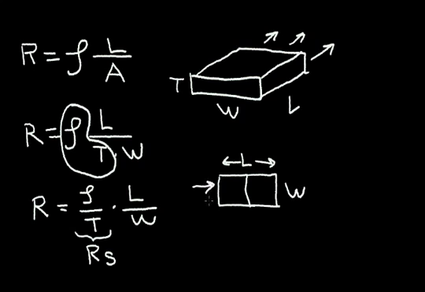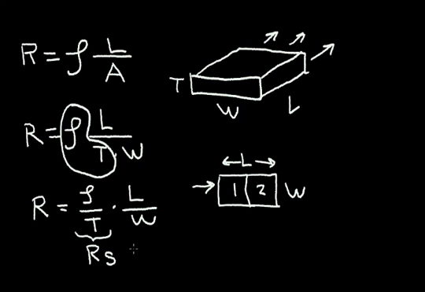Current flows this way. I can divide L by W and I get two squares. One square, two squares. So my L divided by W is 2 squares in this example.